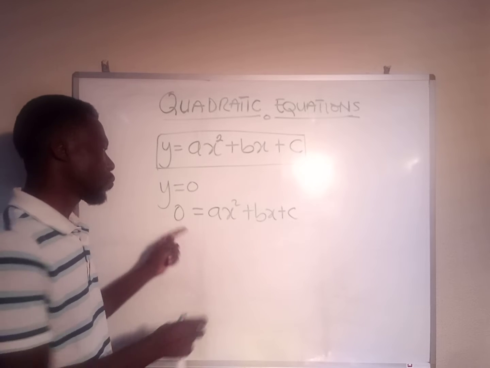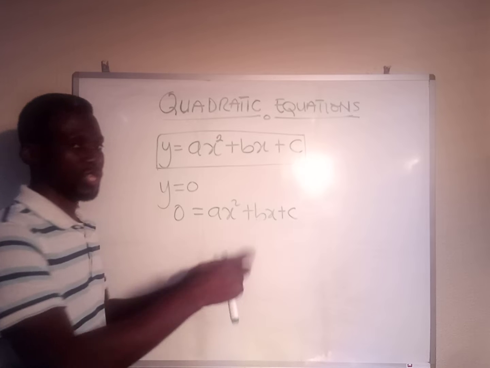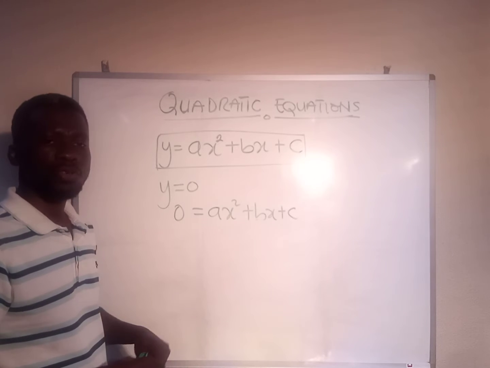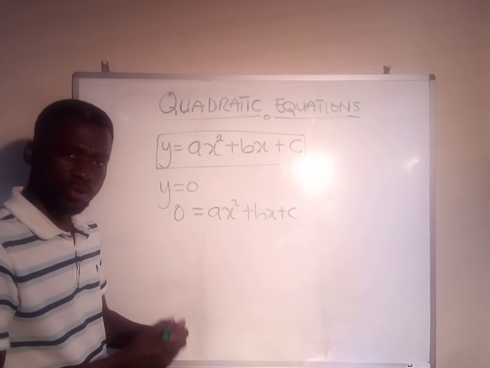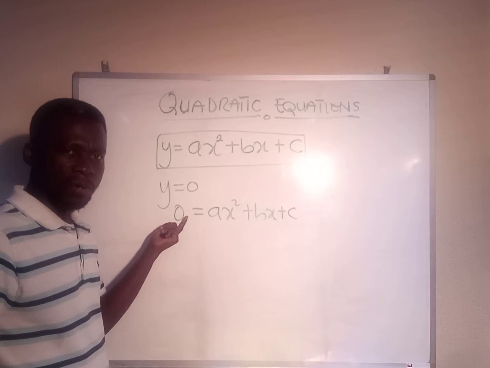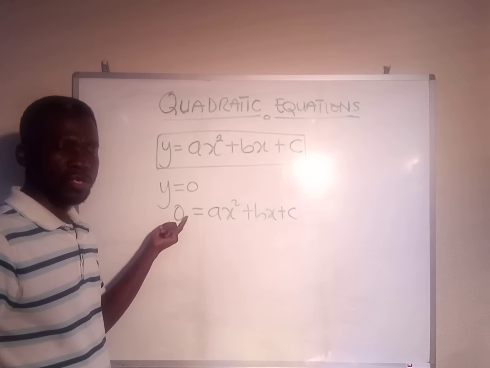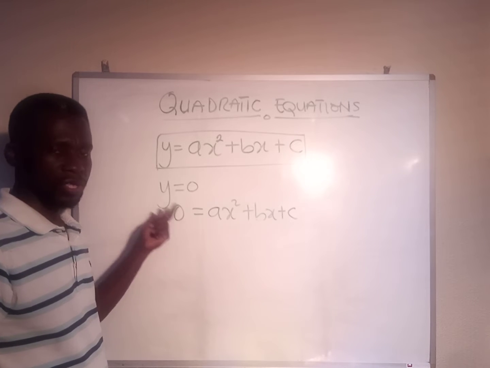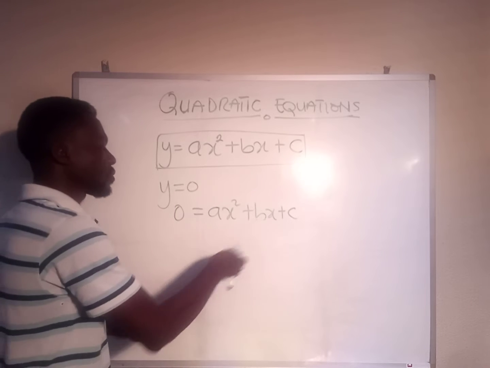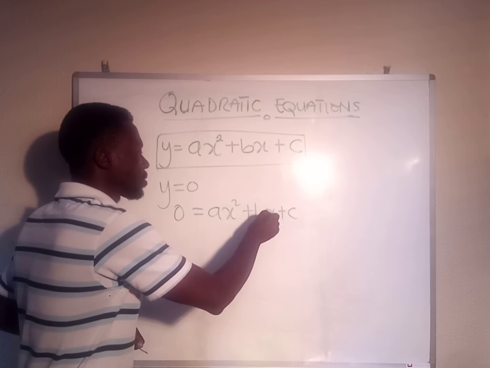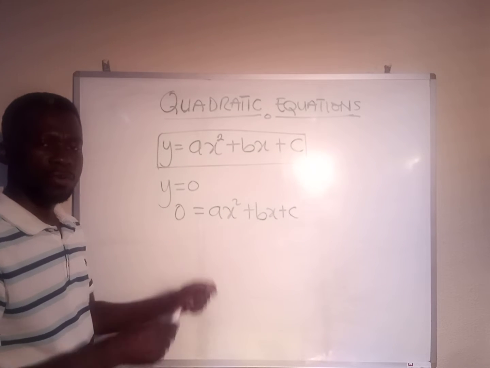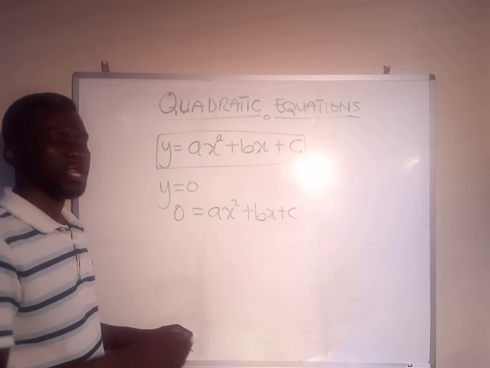To get the values of x, we need to substitute 0 for y. So that is why a quadratic equation is always equal to 0. However you rewrite your equation, you must equate everything to 0.